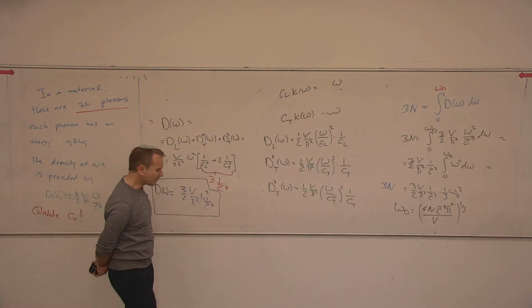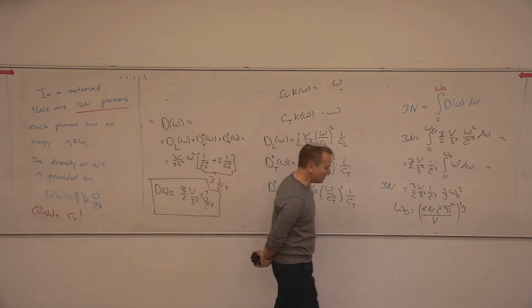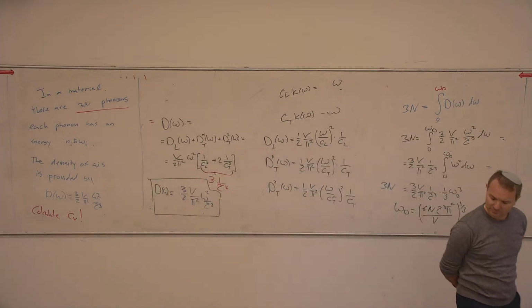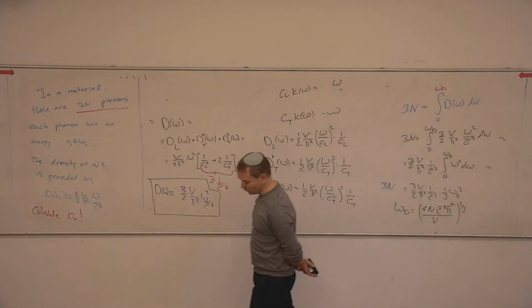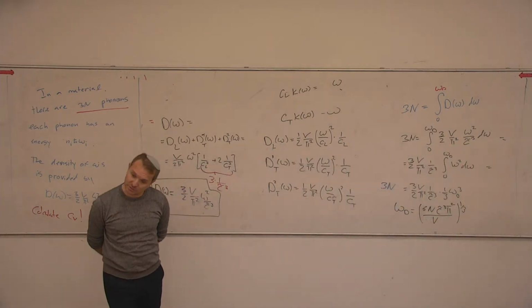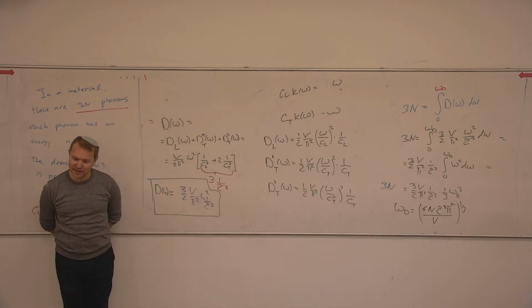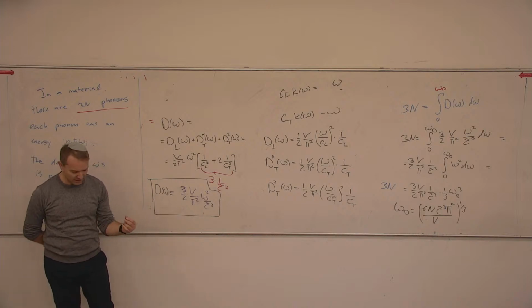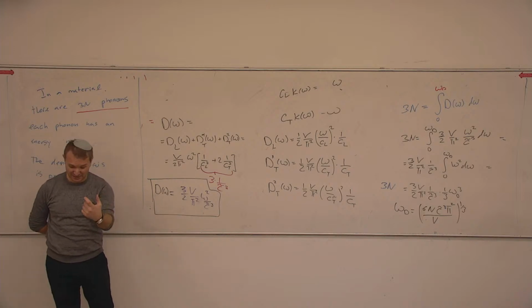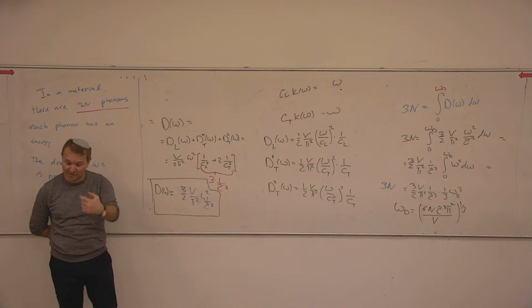Okay. So how many phonons do I have? 3n, right? Now each phonon has its specific omega. So when I count all the different omegas, the density of states is the amount of omegas in a specific material, of a specific length, divided by this length, right? This is the density.